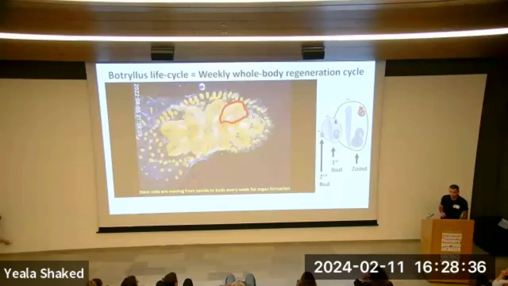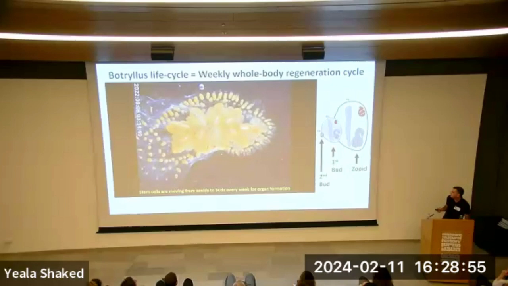Now, over the course of 1 week, this organism is going through a whole body regeneration cycle in which stem cells are moving from the zooids to the buds and form all the organs within the buds. And then the buds are growing while the zooid is shrinking and being replaced. And we can see this whole process in the video here, okay?